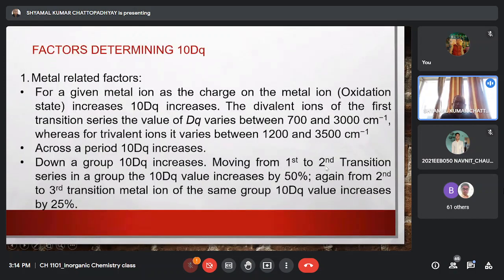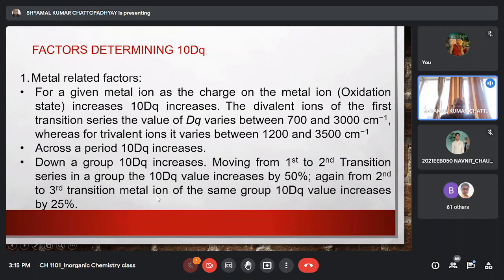Moving from first to second transition series, we find the 10 Dq value increases by 50%. That is a substantial increase, because of the increase of radius of the 4d orbital compared to that of the 3d orbital.